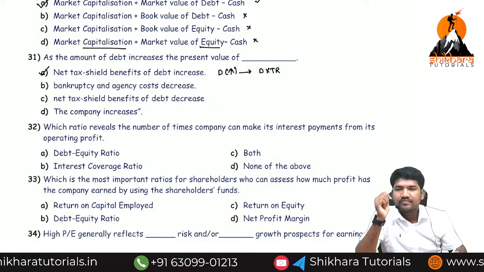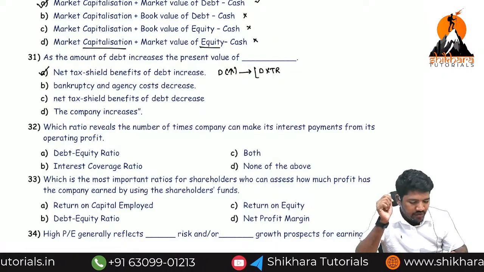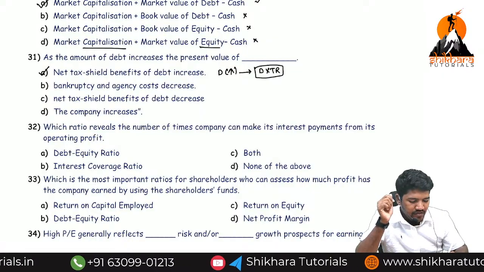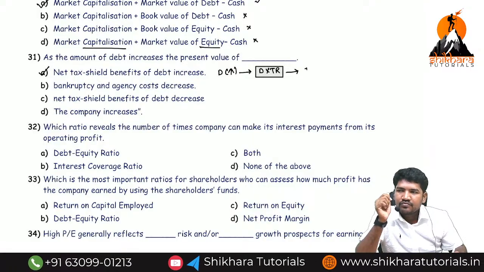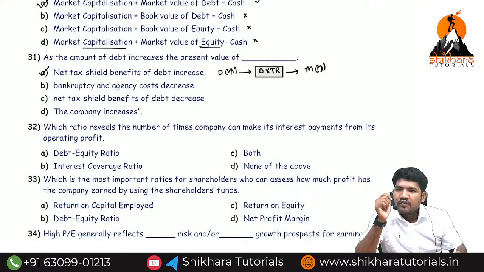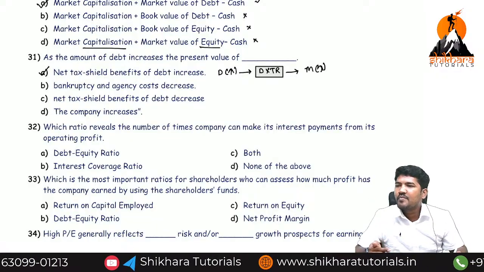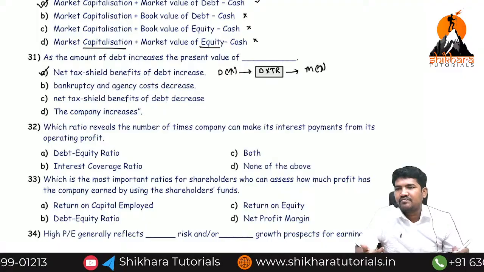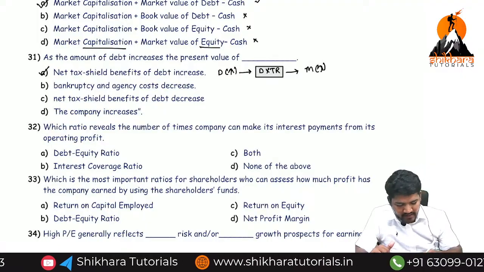If debt increases, I have to pay more interest. If I am deducting more interest from the profit, my taxable profit is reduced. That's why I will get more tax advantage. Guys, clear? Yes, it's the right one.